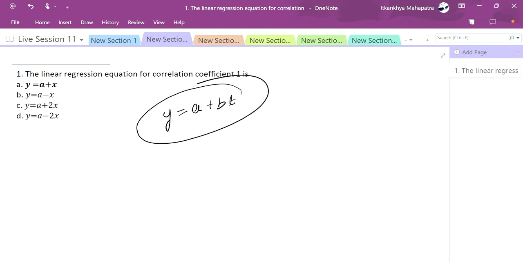Here the correlation coefficient is equal to 1.